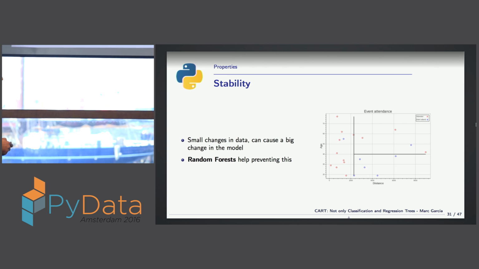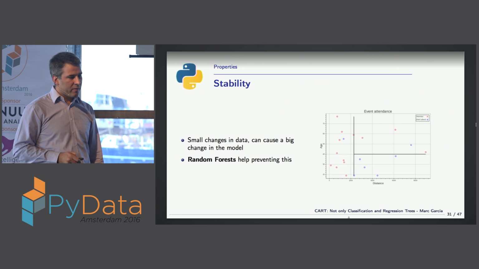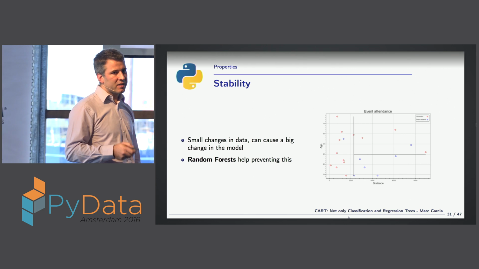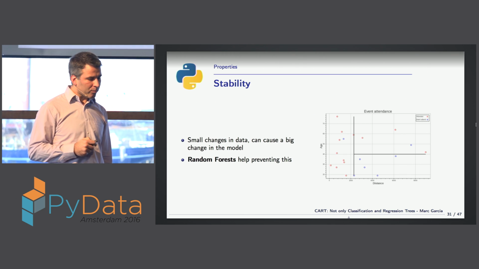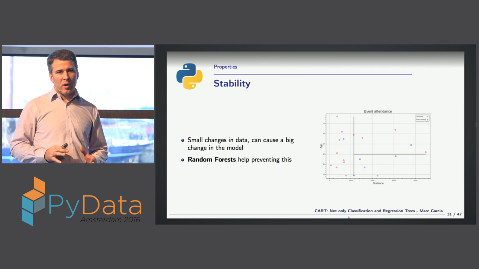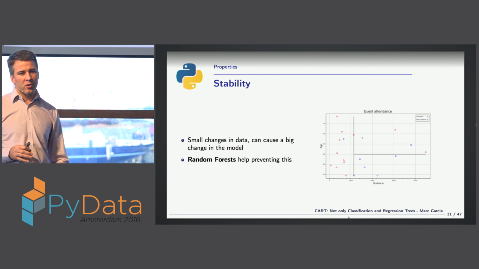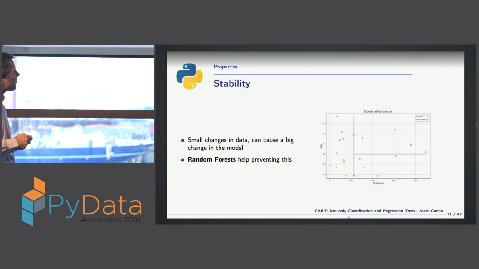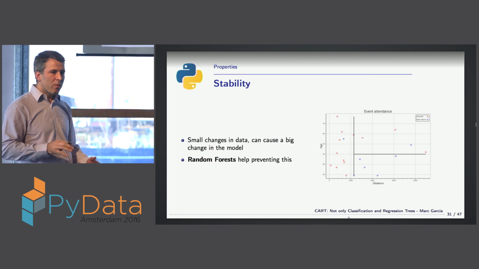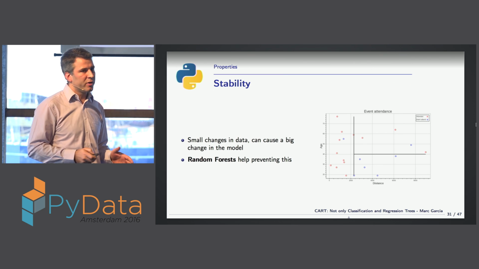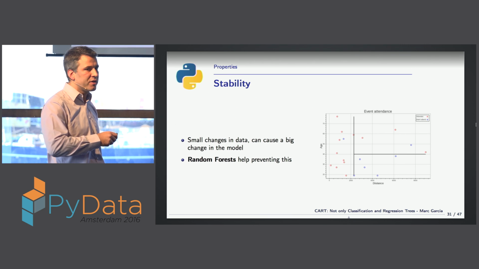Then we have random forests. You surely know them even better than decision trees. It's an ensemble method that randomizes the creation of a decision tree. What it provides is better accuracy and better stability, because you are only considering some of the variables each time. It makes sure that it's combining different trees that split from different points in the first nodes.